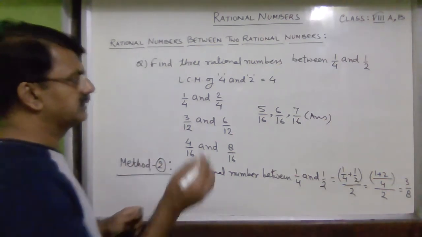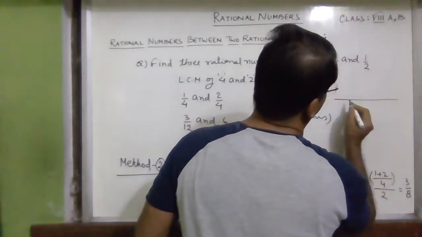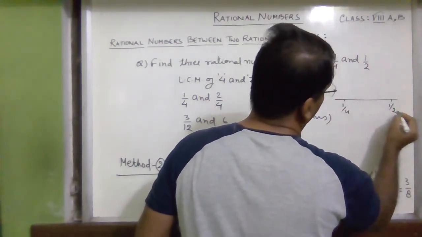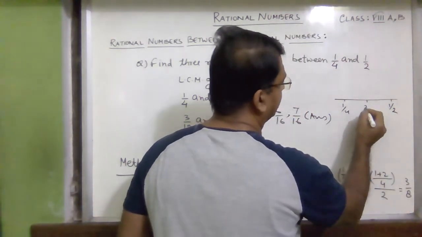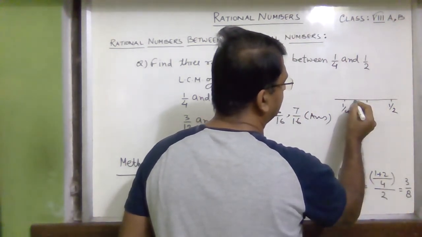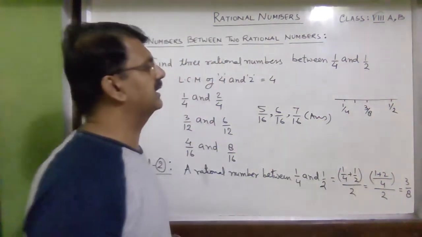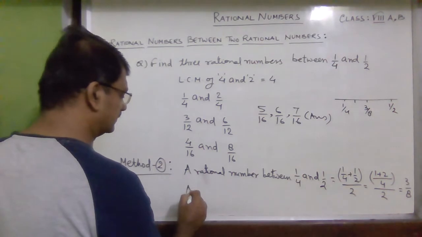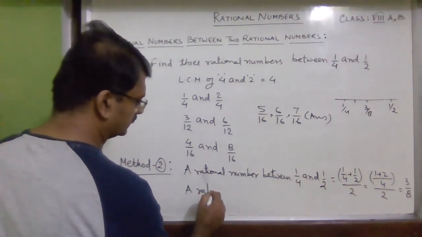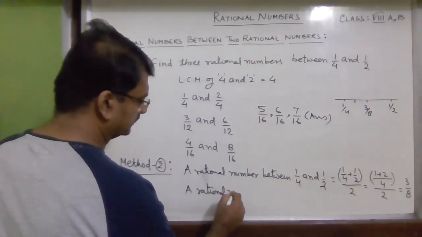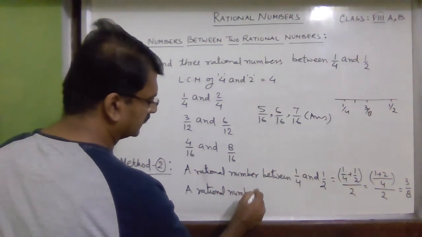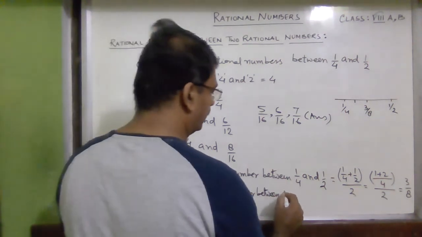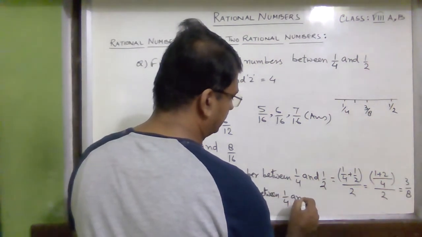So now what we do, see, this is 1 by 4, this is 1 by 2, and here we have found 3 by 8. Now to find the next one, we find the rational number between 1 by 4 and 3 by 8. So a rational number between 1 by 4 and 3 by 8.